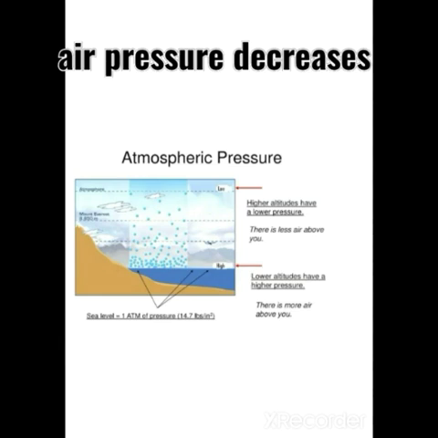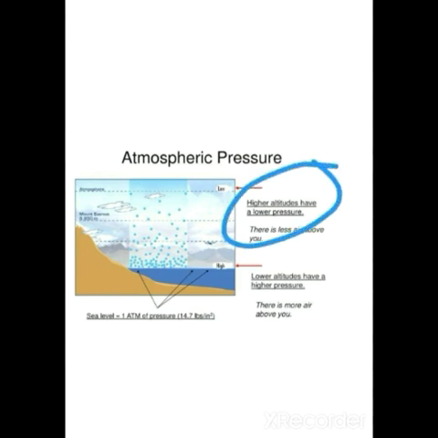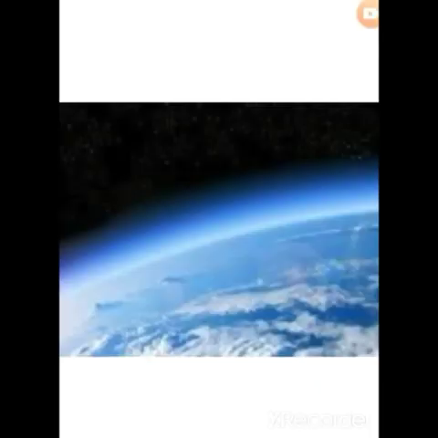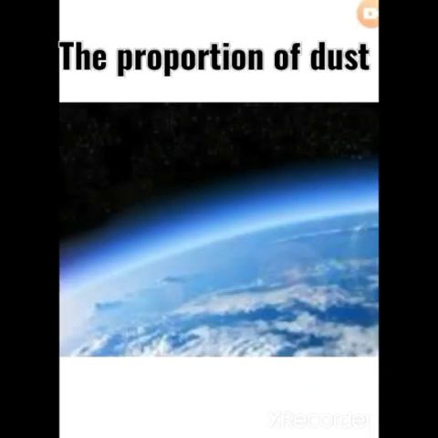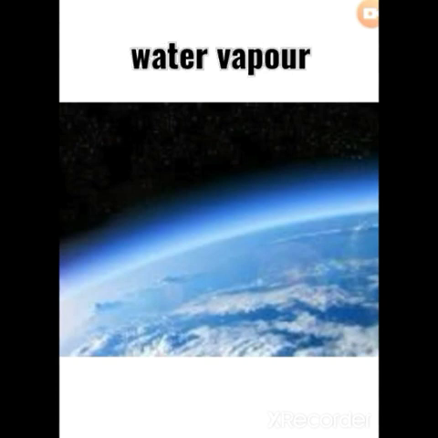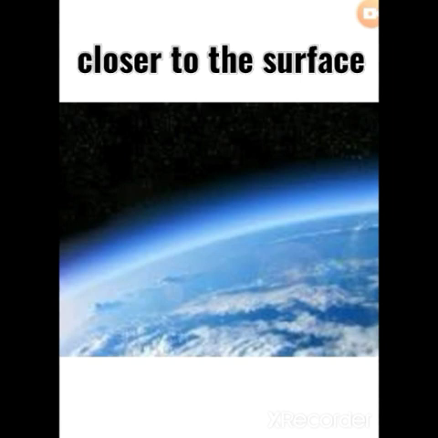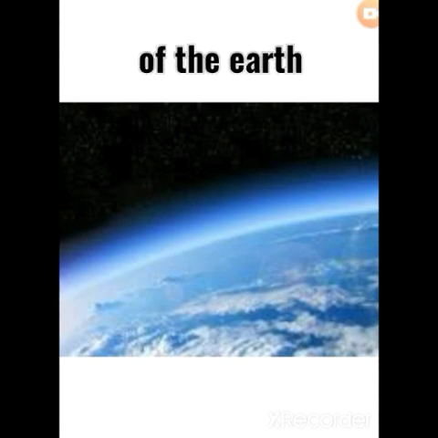Higher altitudes have a lower pressure, and lower altitudes have a higher pressure. The proportion of dust in the air, water vapor, heavy gases like nitrogen, oxygen, argon, carbon dioxide, etc. is higher in the air closer to the surface of the earth.